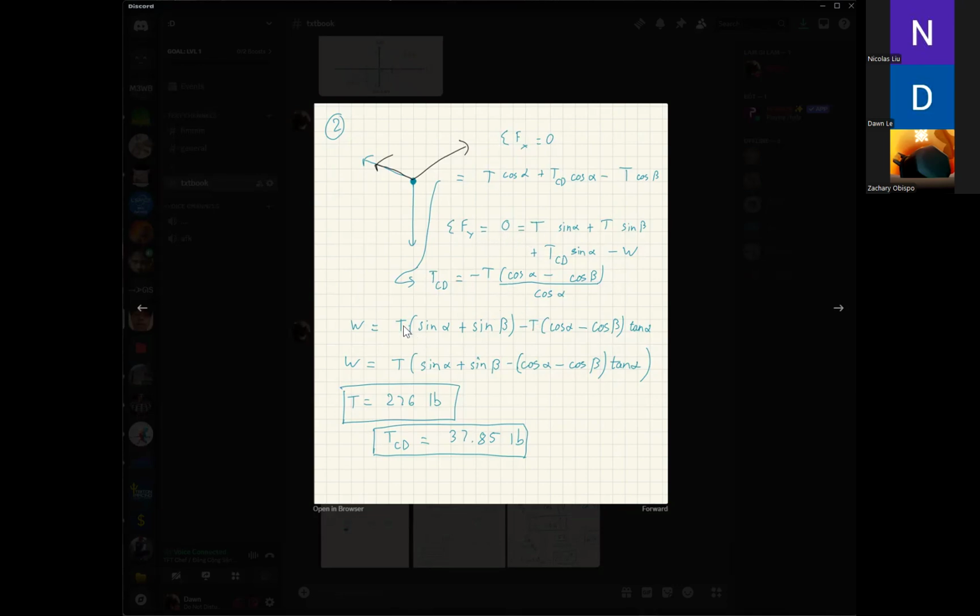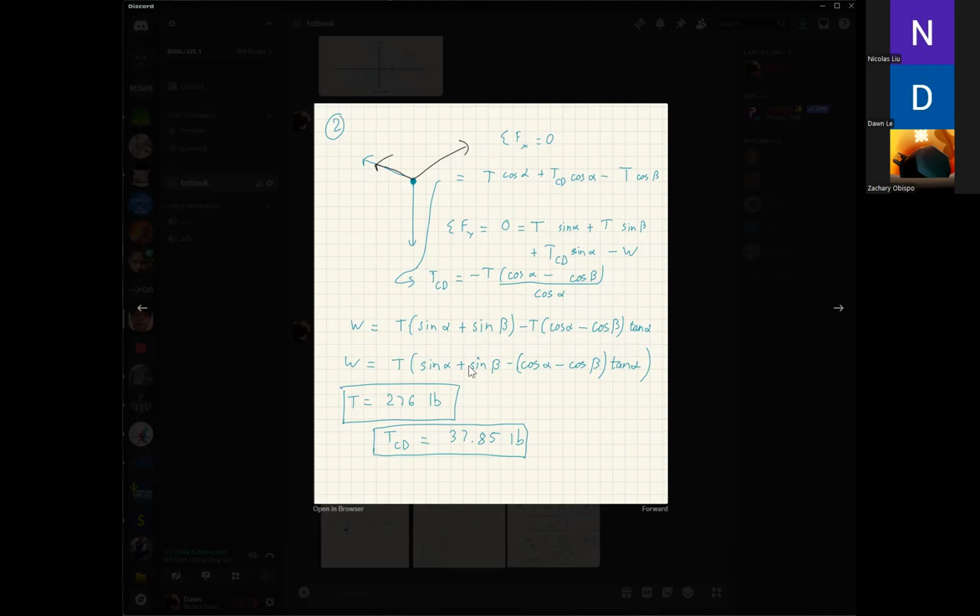So I got T times parenthesis sine alpha plus sine beta, minus T times parenthesis cosine alpha minus cosine beta, and tan of alpha, because cosine of alpha here matches with the sine of alpha here and gives tan.